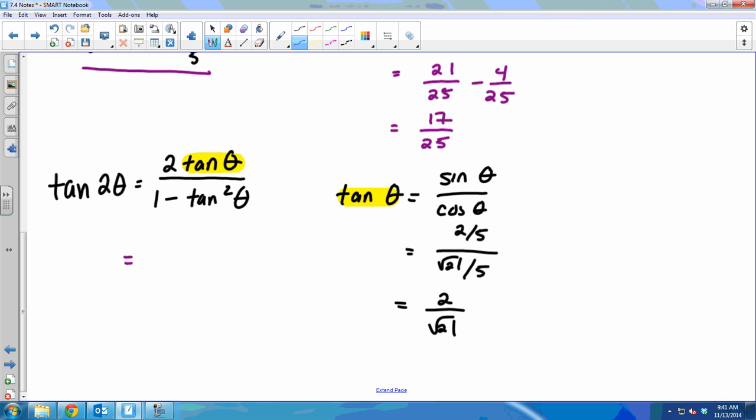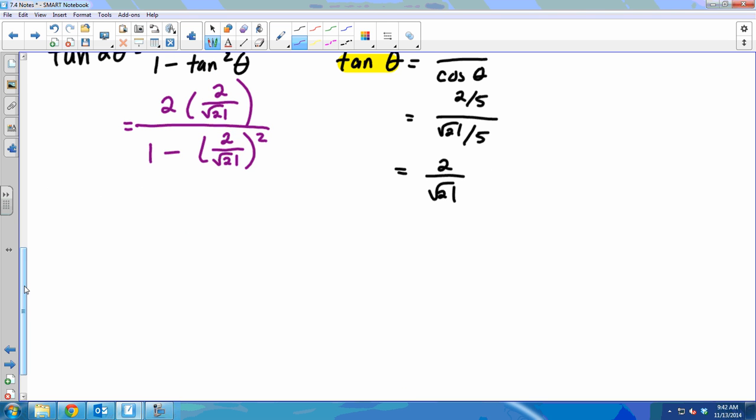Right, so let me plug it in. So we've got 2 times 2 over the square root of 21, over 1 minus 2 over the square root of 21 squared. So that's 4 over the square root of 21. And then 1 minus 4 over 21.